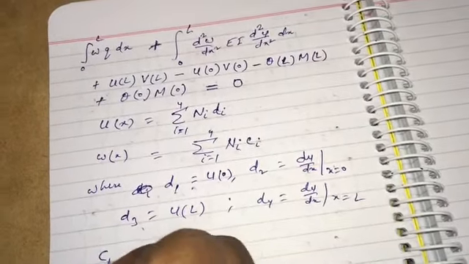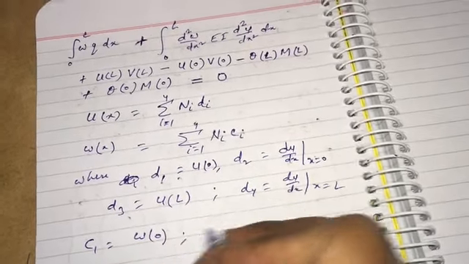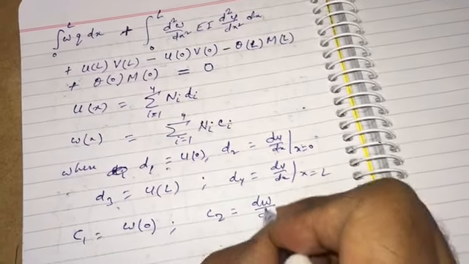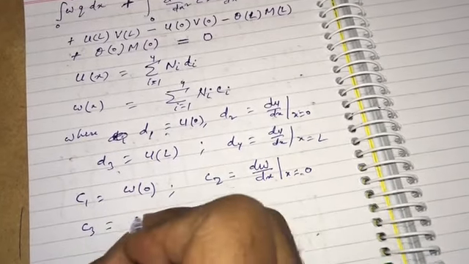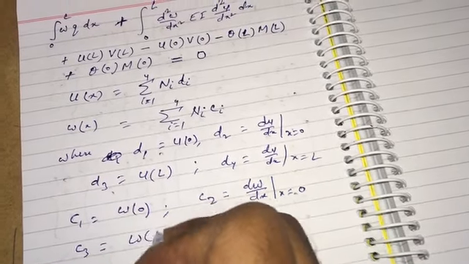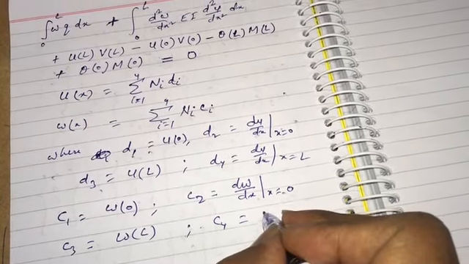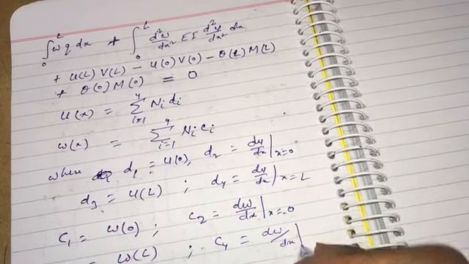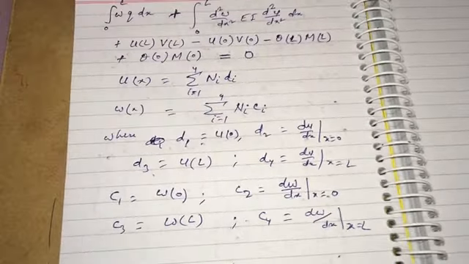So we write c1 is equal to w at 0, c2 equal to dw over dx at x equal to 0, then c3 is equal to w at L, and c4 is equal to dw over dx at x equal to L.